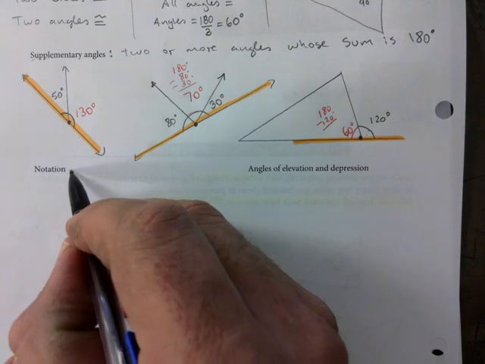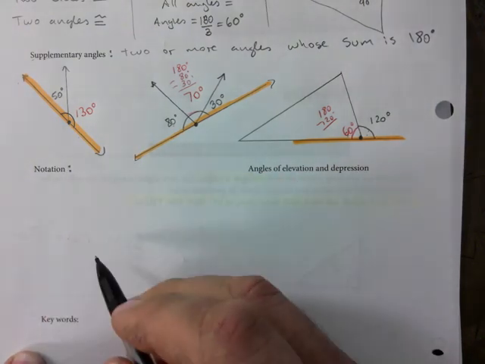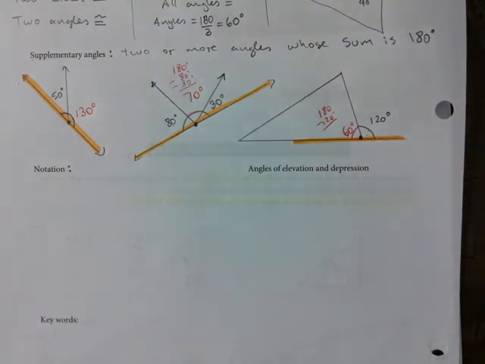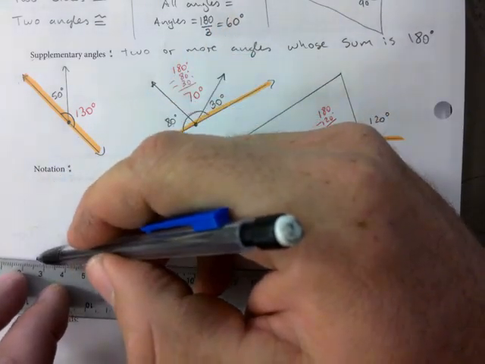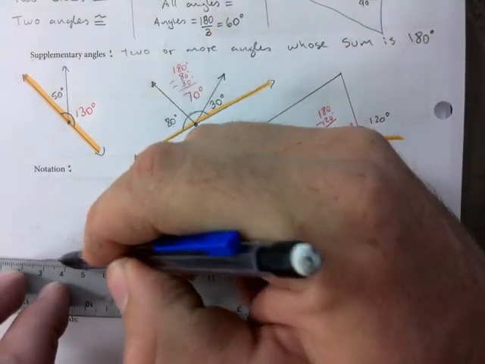Notation. I need you to know this here. I want to help you out here. So I'm going to do this because I want you to be successful when it comes to these.